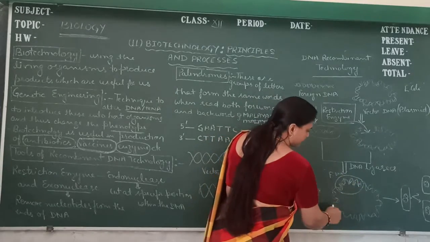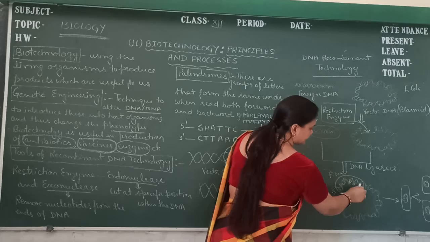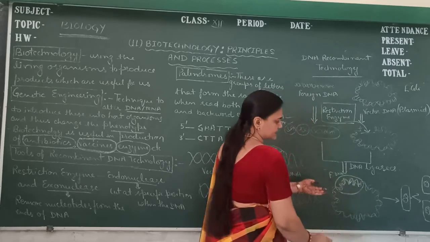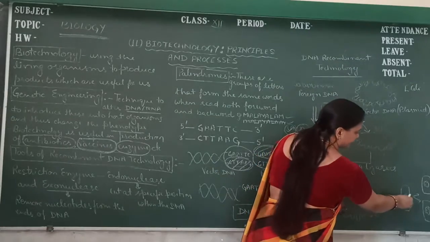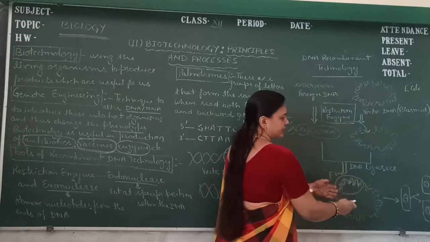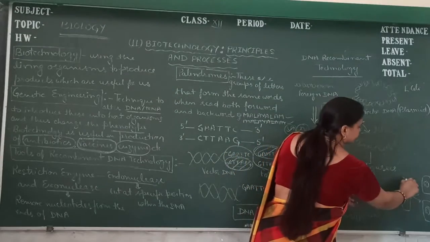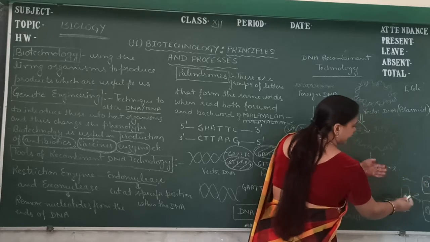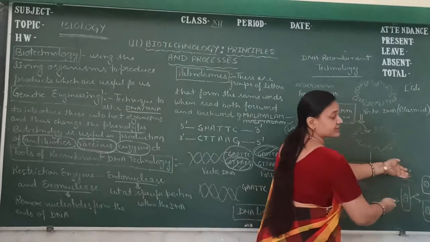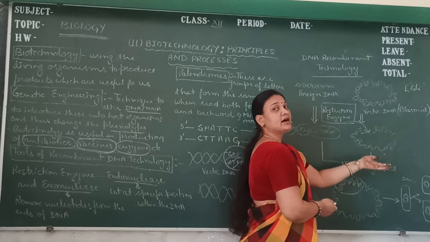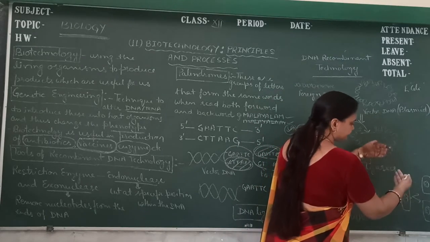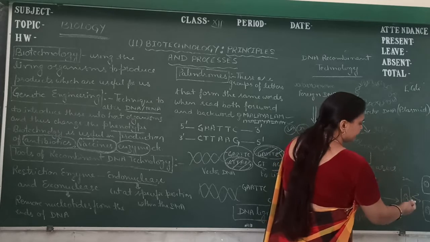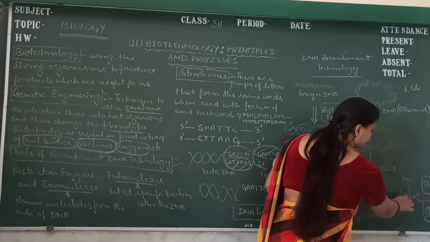Now this plasmid is joined with the foreign DNA, specific DNA, and it is present inside the bacteria E. coli. Every 20 minutes it can replicate and reach the next generation, because DNA is the hereditary material. So by this process it multiplies and the number of DNAs is increased.